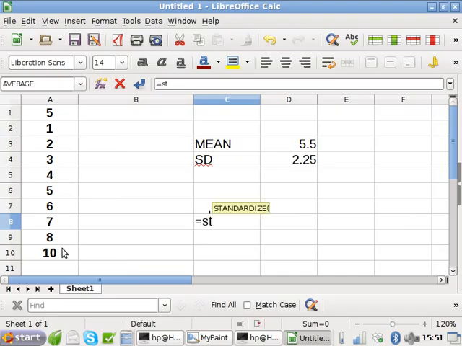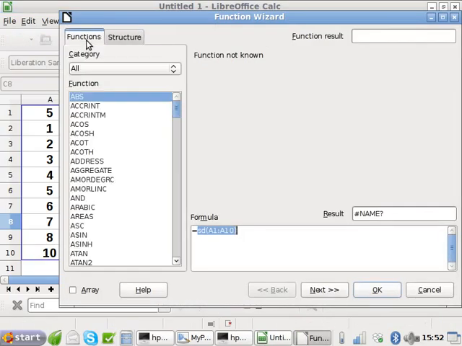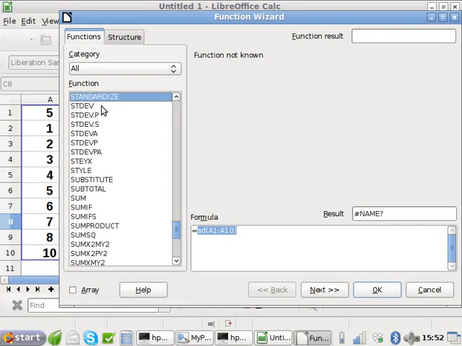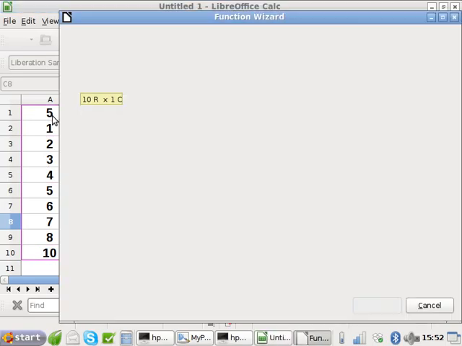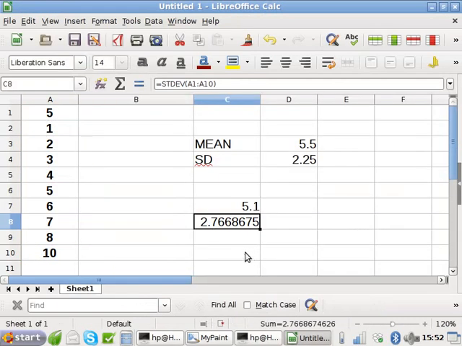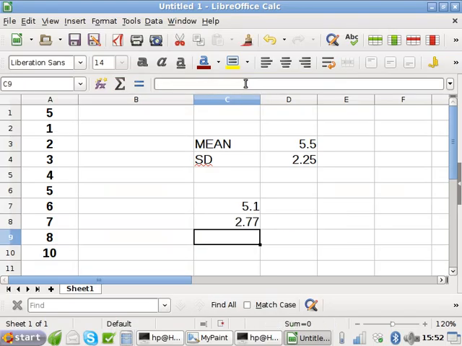SD, let's see if that works. Hang on, I'll get it. It's going to be called something like standard something. ST dev, there we go. It's not bad, is it? I mean, for something that you did in your head really quickly.